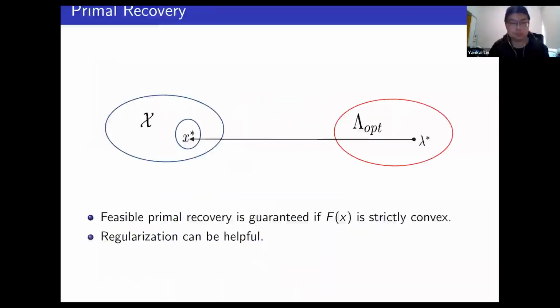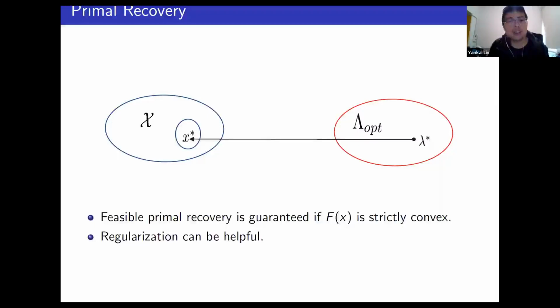One extra thing I'd like to discuss is primal recovery. Let's say this big lambda opt is the set of solutions of the dual problem. Note that it's only a concave problem, so it's not guaranteed that we have a unique solution. So it's a set. That's why we have lambda opt.